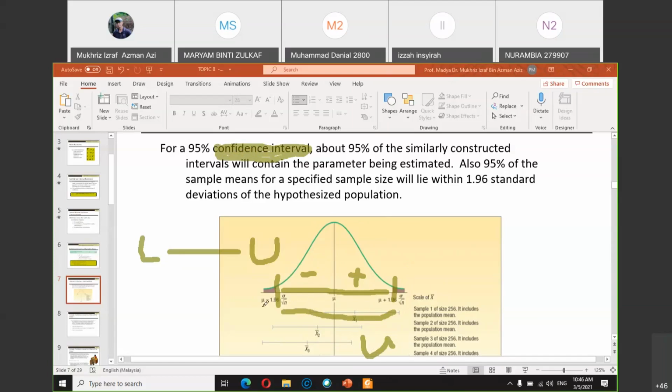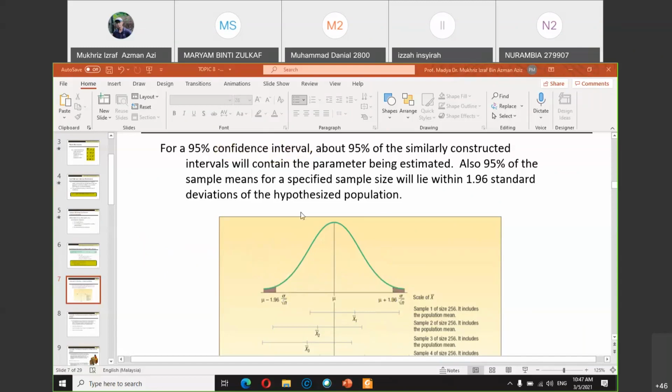You cannot say for sure what the population mean is, but once you calculate the interval, the lower value is on the left side and the upper value is somewhere on the right side, depending on the confidence level.